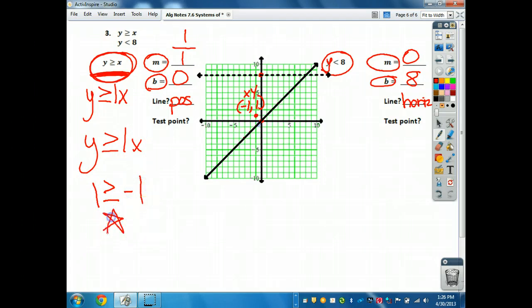It is. That one works. Let's go check over here. Y, which is 1, is that less than 8? Yes. Beautiful. So what do we do? Shade in the triangle. We shade it in because it worked in both inequalities. Questions on this one? We're good to go?